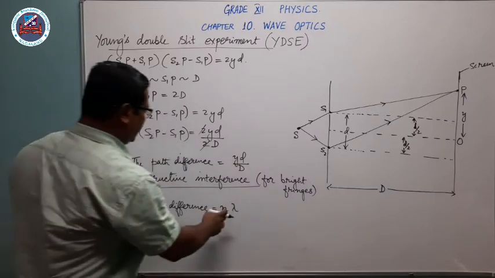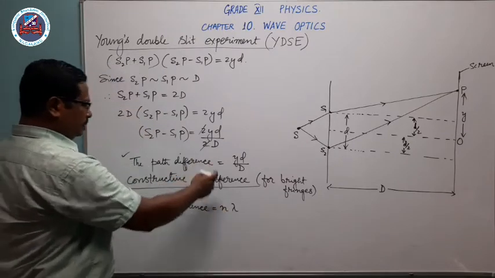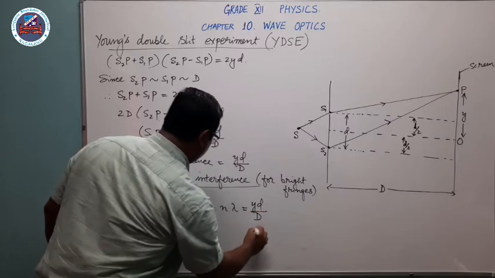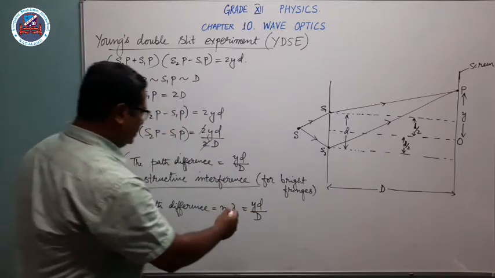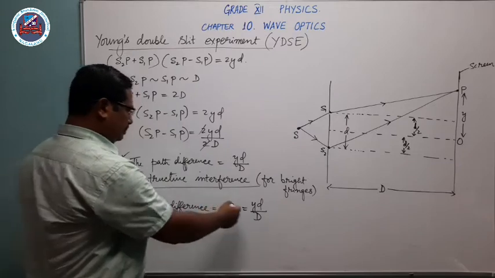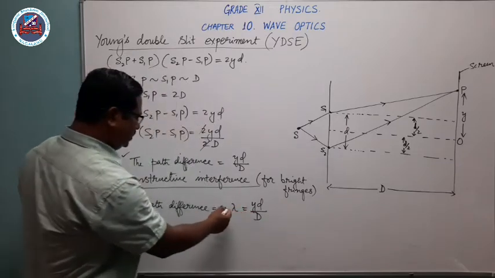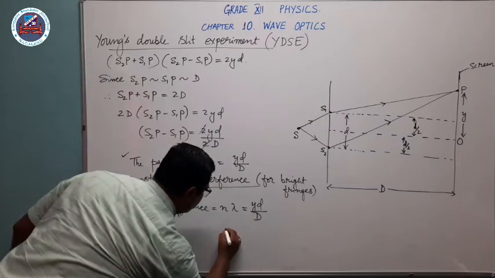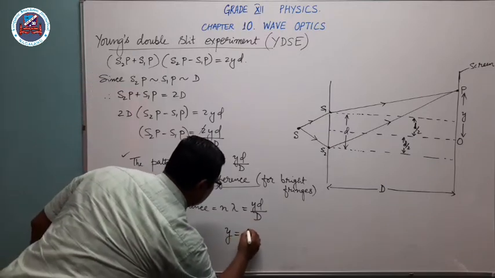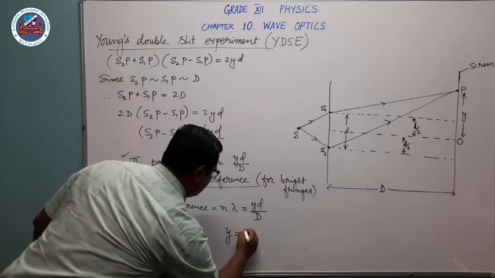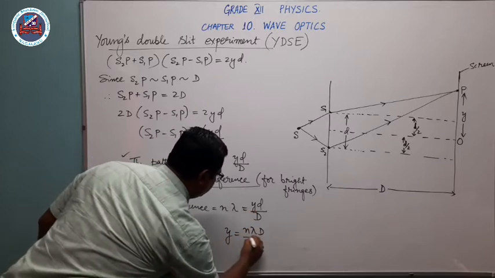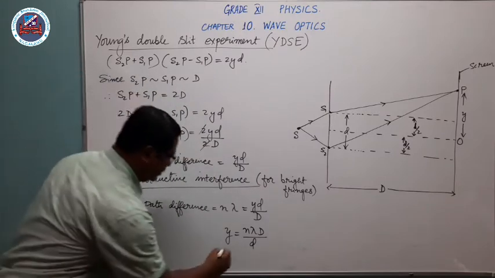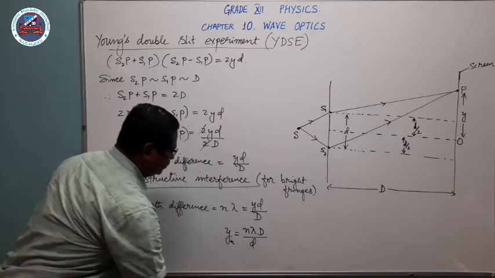So your path difference n lambda is equal to yd by D. So from here you will get y is equal to n lambda D by d. So this will be your general formula, at which points you will get it.